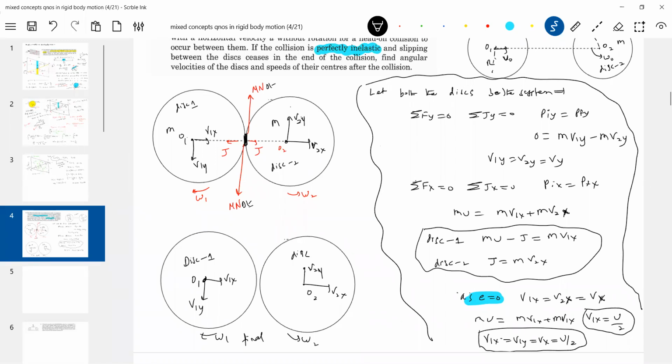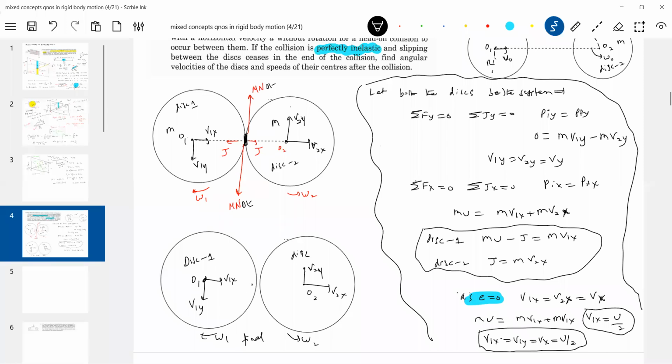Let it be. We are just talking about the collision phenomenon here. Now what was our main question? We have to find the velocities v1x, v2x, v1y, v2y, and the final angular velocity. That's all our question.